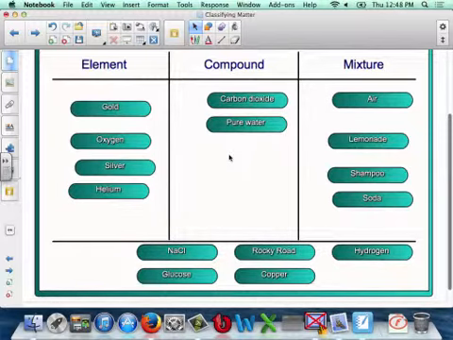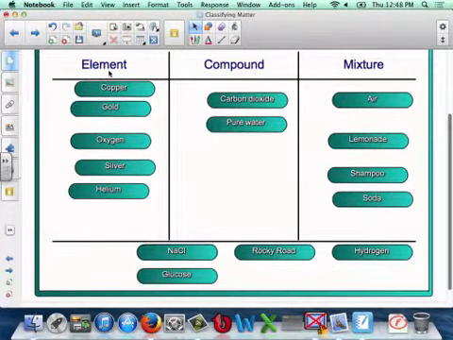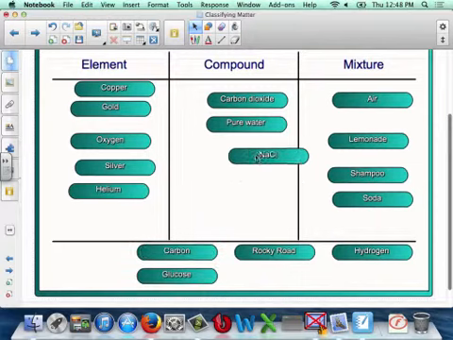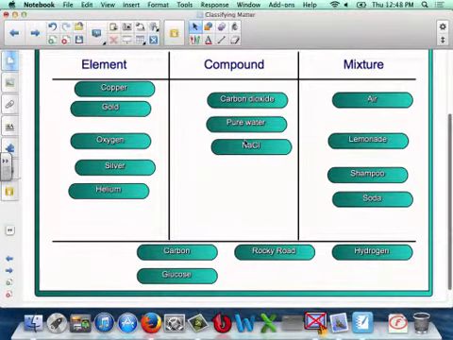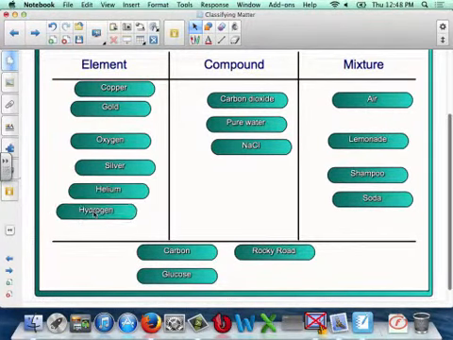Patrick. Copper is an element. Anna. NaCl is an element? No. All right, guys. Dakota Burt, give me one. Hydrogen is an element. Well done.